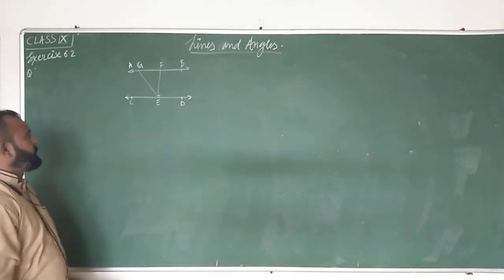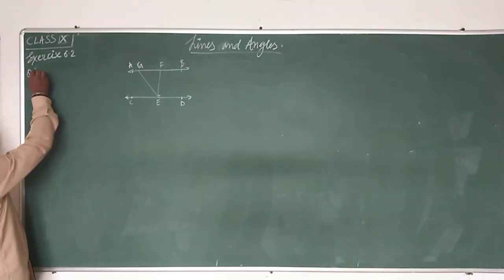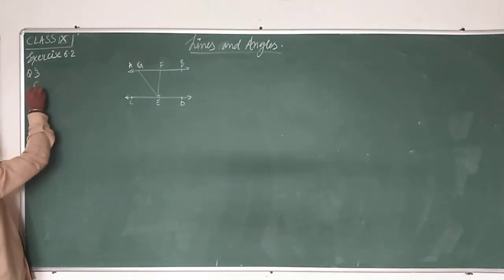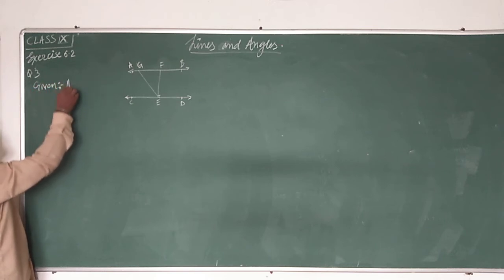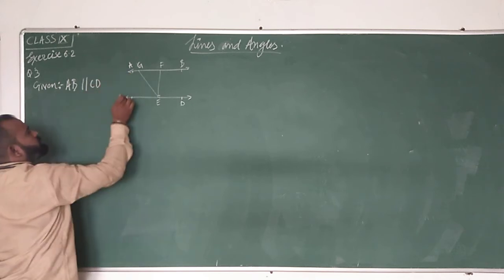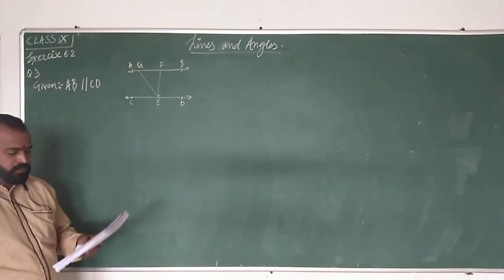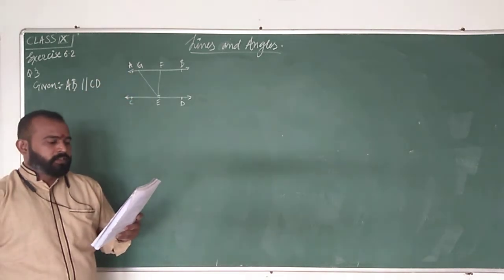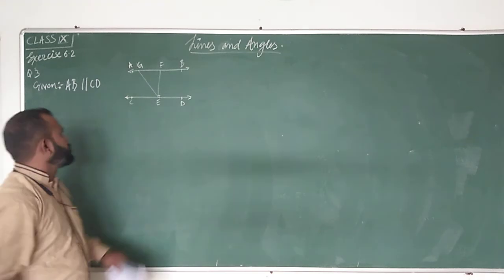See, if AB is parallel to CD, given, these two are given parallel to us. Then EF is perpendicular to CD.